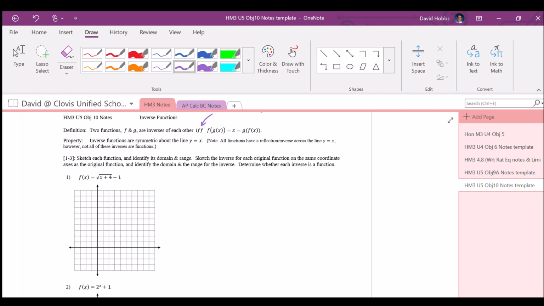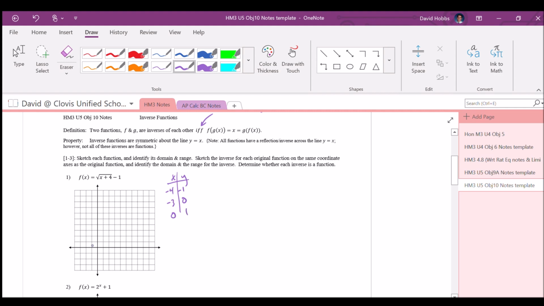Okay, so original function, f of x equals square root x plus 4 minus 1. Now, we've been doing that this unit, so hopefully we have a very good idea of how to sketch this sort of thing already, but you know, we want to get 3 points accurate each time. So start with the vertex, -4, -1. Square root of 1 is very nice, so if we input a -3, and if we plug in a 0, we get square root of 4, which is 2 minus 1, which is 1.